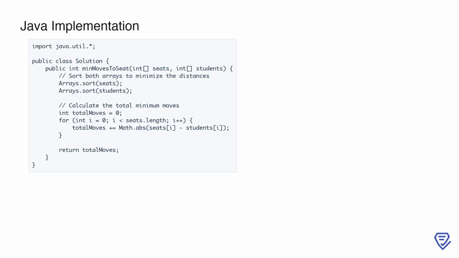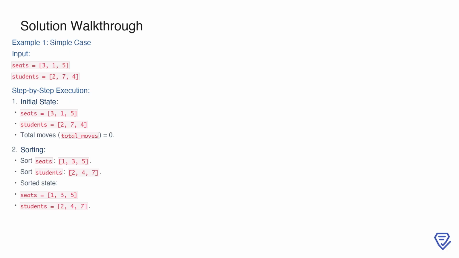Here, we start with our first example where we want to calculate the minimum number of moves required to seat everyone. The inputs are two arrays, seats equals [3, 1, 5], and students equals [2, 7, 4]. Initially, our variable total_moves is set to 0, which will keep track of the total distance students need to move to their assigned seats.